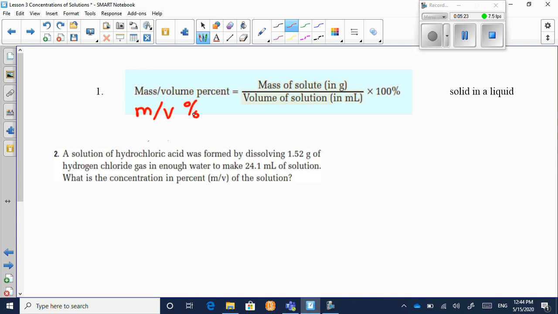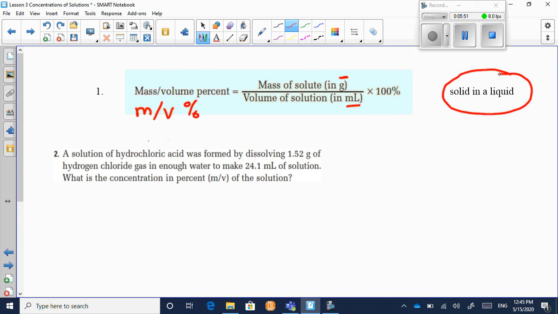The way you calculate this is it's the mass of solute in grams divided by the volume of the solution in milliliters. I'm going to put a little tick mark next to those to remind you that you have to get grams and milliliters, and then you multiply it by 100%. You typically use this method when it's a solid dissolved into a liquid.